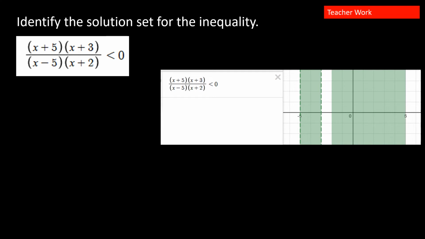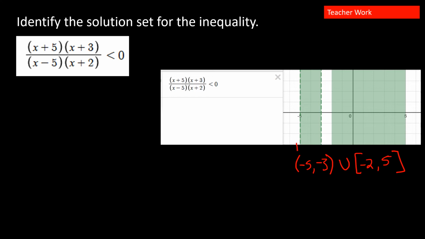We know that because we have these dashed lines here, these dashed lines are going to cause us to go from negative 5 to negative 3, with a union of negative 2 to 5. Okay, and so those are the solution sets.